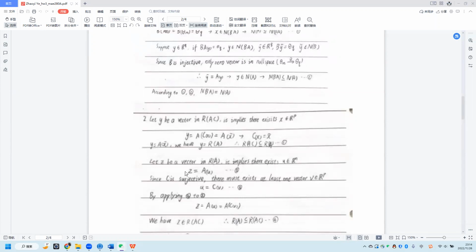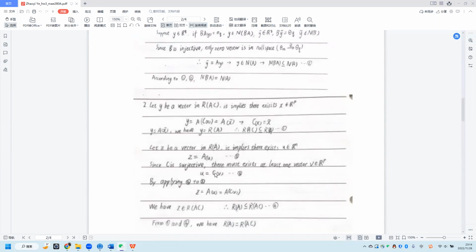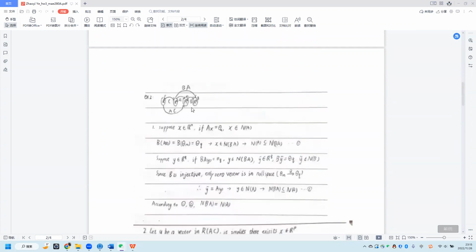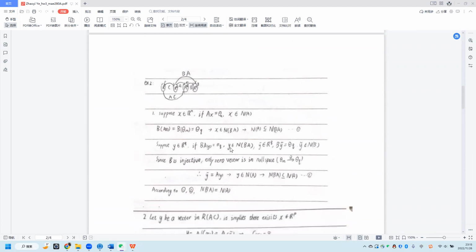We have that z is equal to Au, and also since C is surjective, everything in Rn has a respective element in the space of Rp.